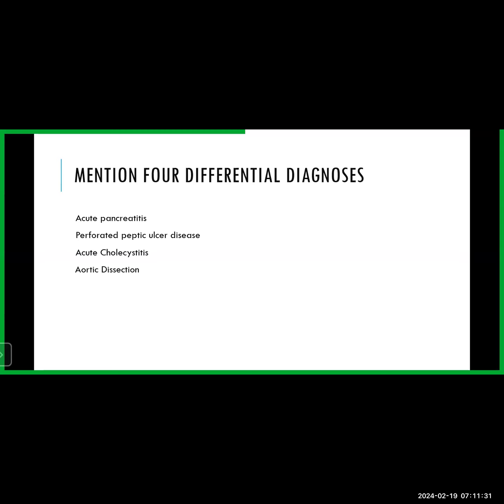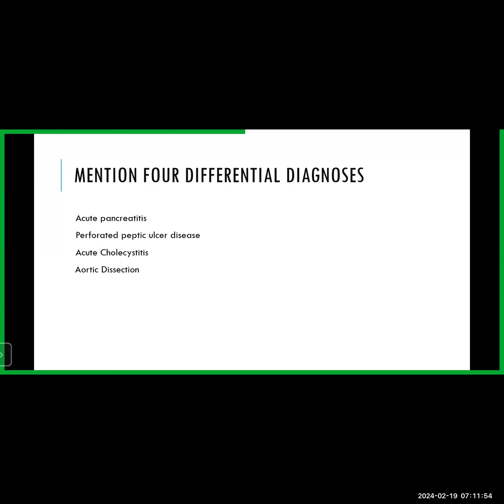My second differential is that of a perforated peptic ulcer disease. History of abdominal pain radiating to the back. There's a history of chronic dyspepsia in this patient. My third differential is acute cholecystitis, and the fourth is acute aortic dissection.